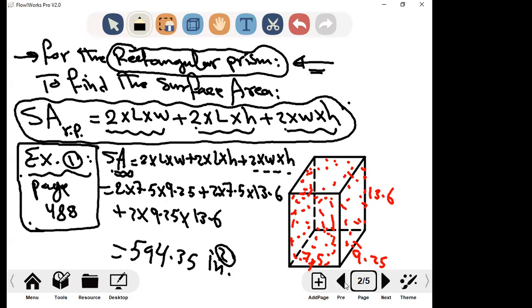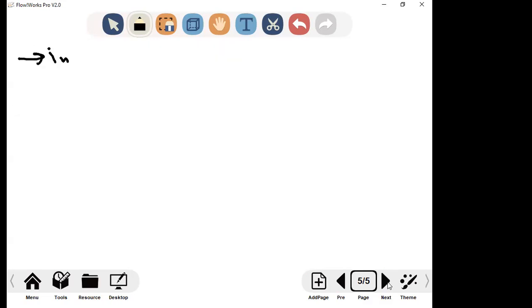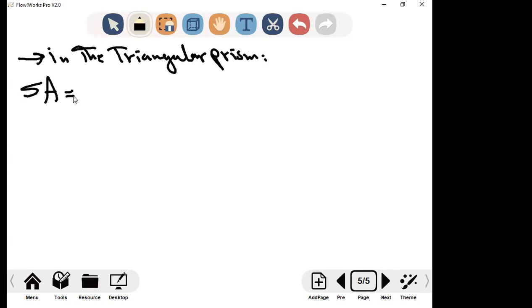I use this formula, right? Now let's go there. In the triangular prism, the surface area equals, okay?